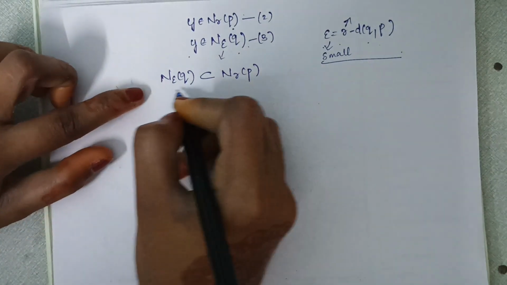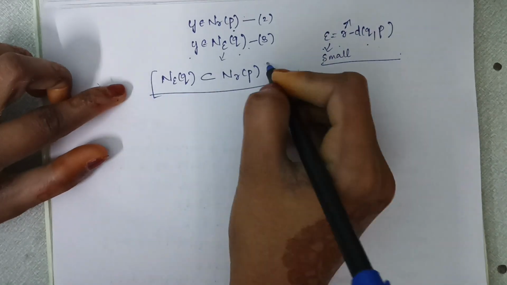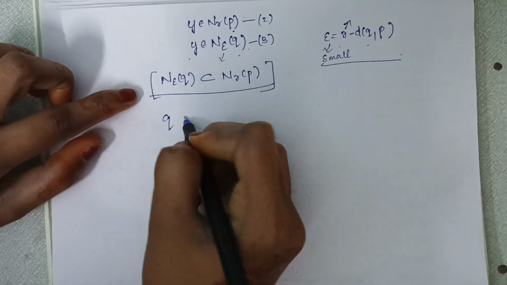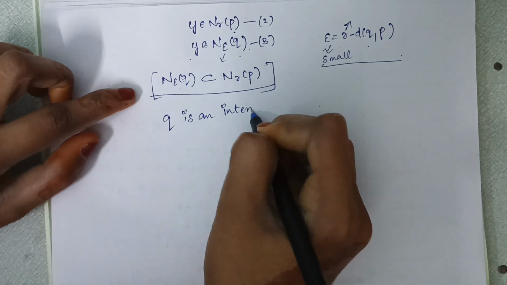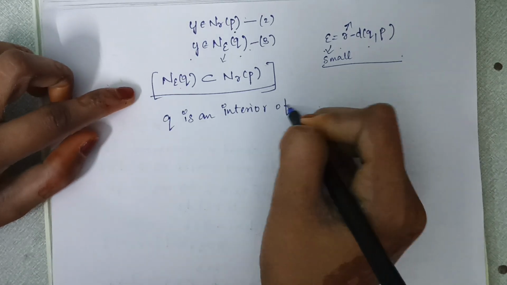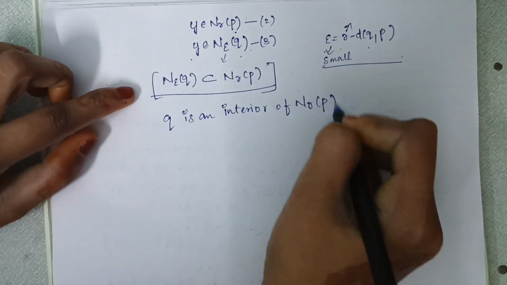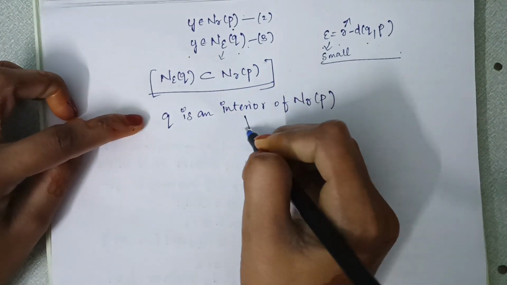This equation is stating that this Q is an interior point of NR of P. What is an interior point?